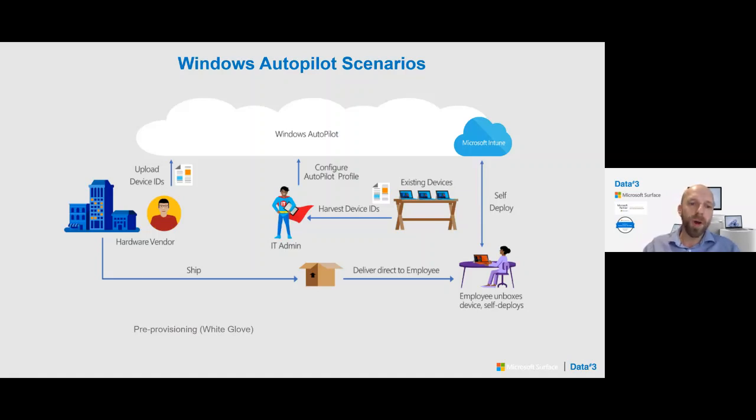Devices are enrolled to the Windows Autopilot deployment program, either by the hardware vendor or a partner supplier, or can be automatically harvested and enrolled by the IT admin. The process can enable provisioning and reprovisioning of devices to occur without the device having to come back into the office.